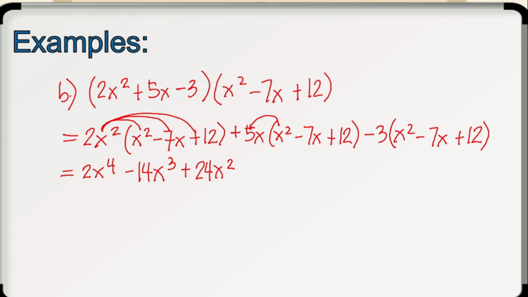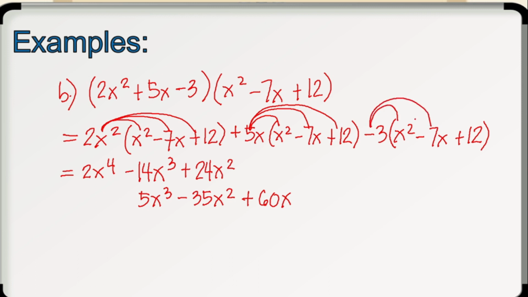Next, for us to easily align or group the like terms, we will use the vertical method here. Multiplying 5x to x squared, which is 5x cubed, we will place it under the negative 14x cubed. Next, 5x times negative 7x is negative 35x squared. And 5x times 12 is positive 60x.